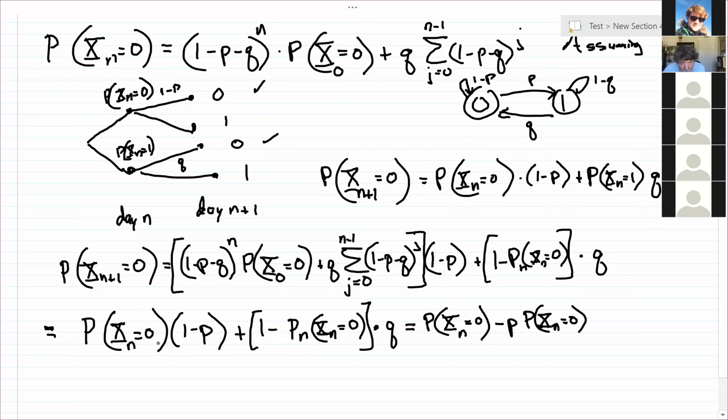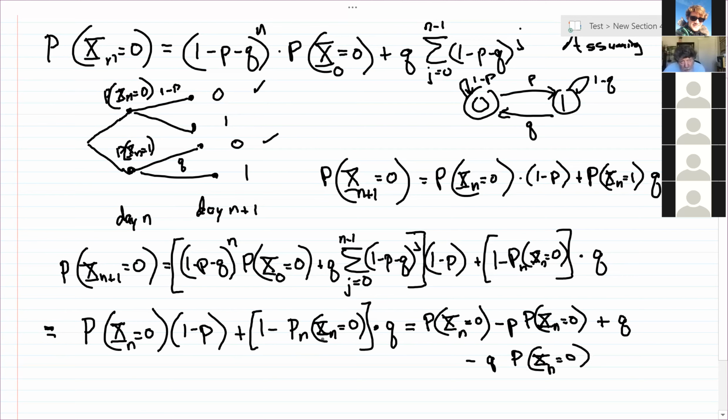So I just multiply through by these. And then this, q, distribute that, you'll just get a q. And distribute this product, you'll get a minus, I'll put it down here, q times the probability that at day n, you're broken.